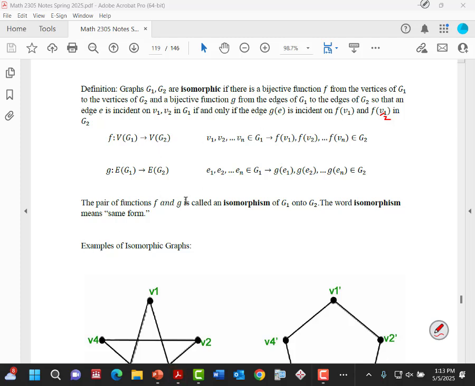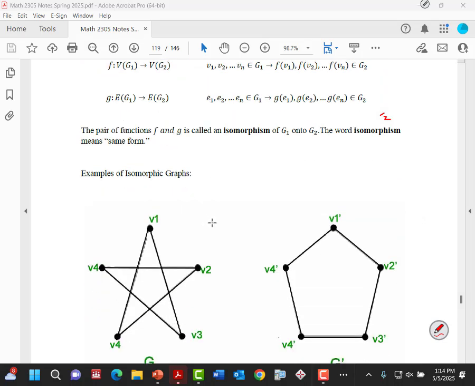The pair of functions f and g is called an isomorphism of G1 onto G2. The word isomorphism means same form.